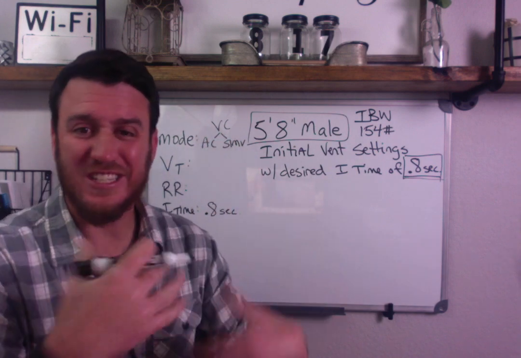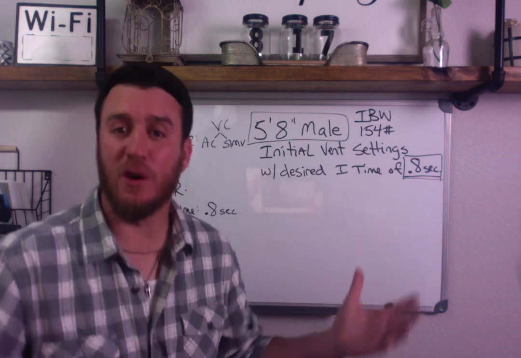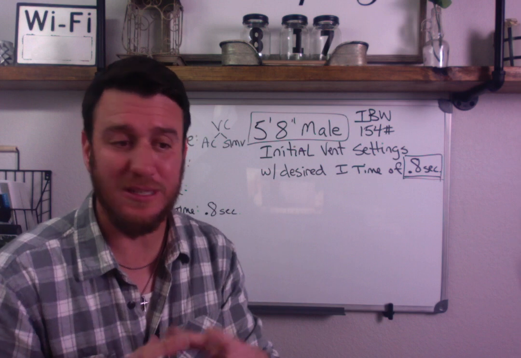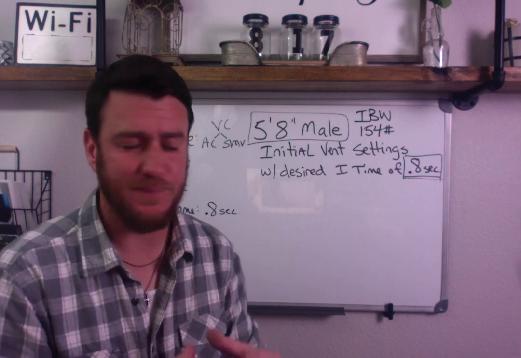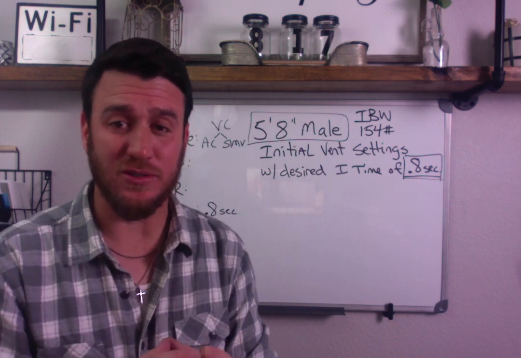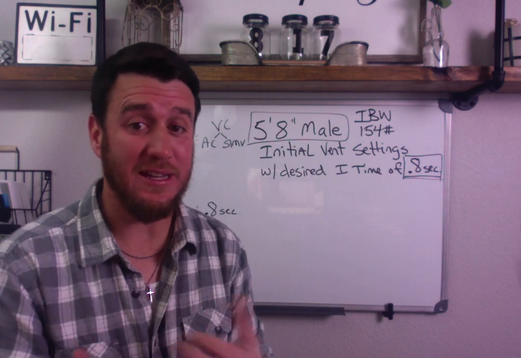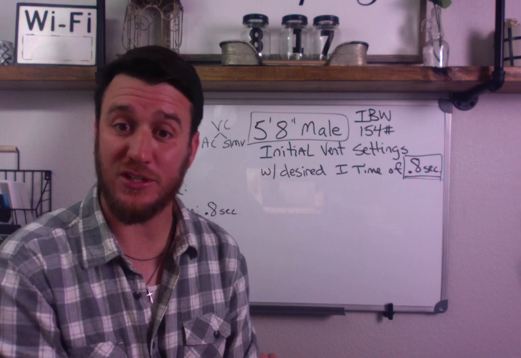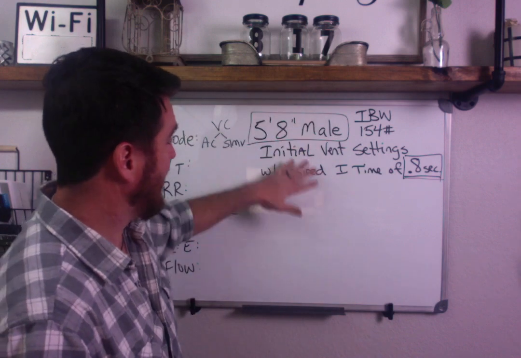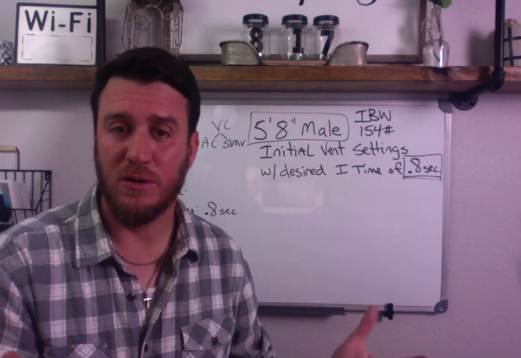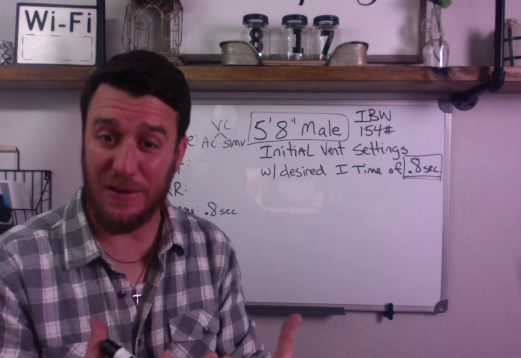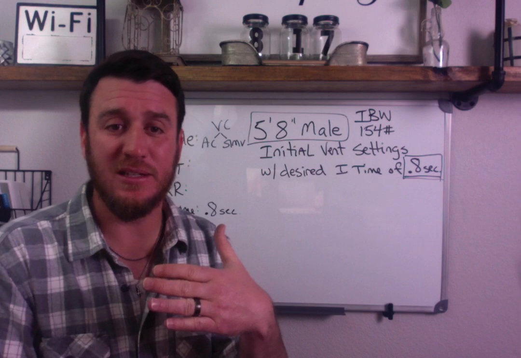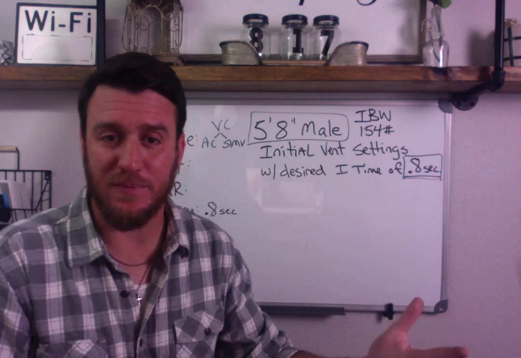Now, which is better? I don't know the answer to that. I don't like to answer the question, what is the best mode of mechanical ventilation? What I like you guys to think about is, what is the best mode of mechanical ventilation for my patient? Well, with this information, we don't even know. So right now, you'll be safe answering AC or SIMV, because we don't know anything else about the patient.